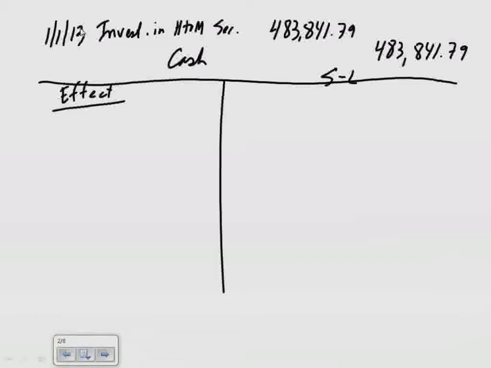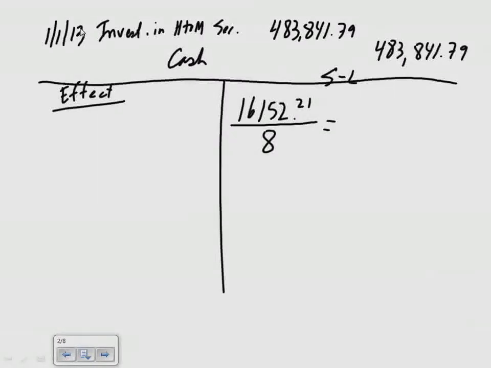And so what we're going to do is take the discount, $16,158.21 divided by 8 periods.